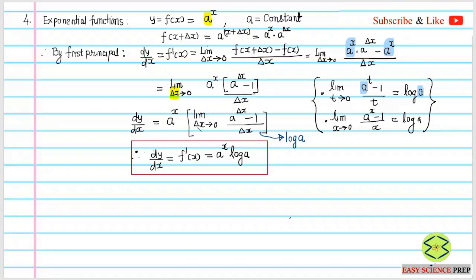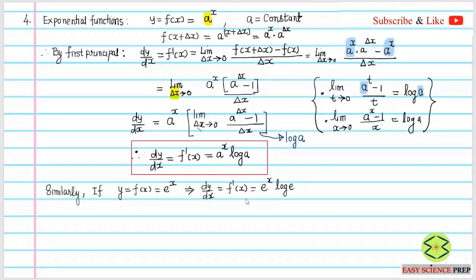Similarly, I can extend this concept to e raised to x also. If y or f of x equals e raised to x, now a is replaced by e, then its derivative dy by dx or f dash of x can be similarly written as e raised to x times log of e.